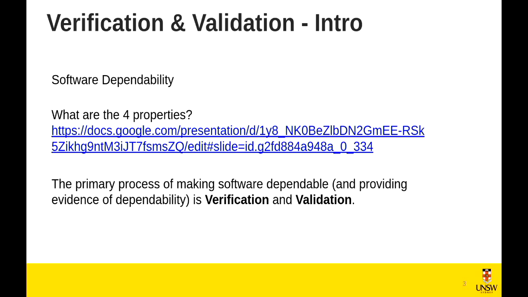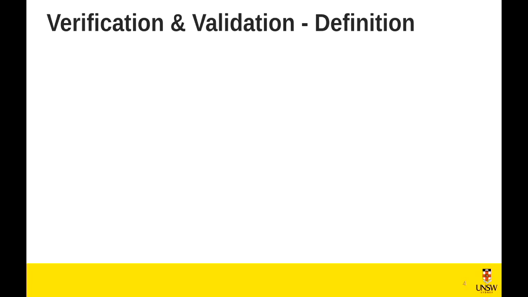The primary process of ensuring that we are building dependable software is the process of verification and validation. But these two words sound very similar, right? They both start with the letter V. So here are the definitions.